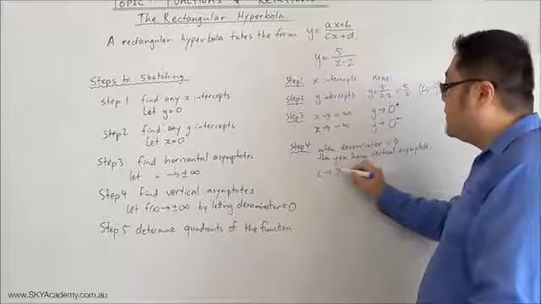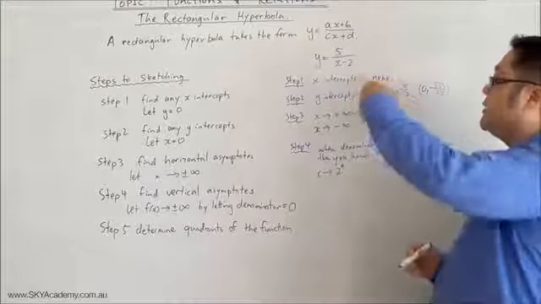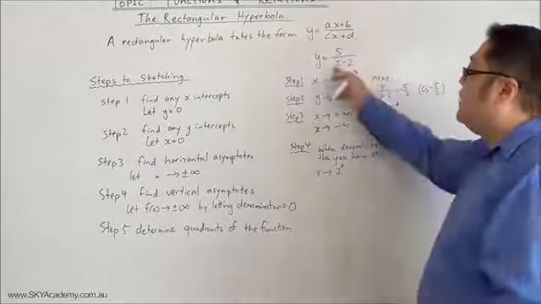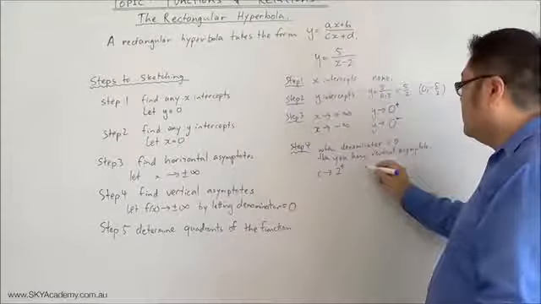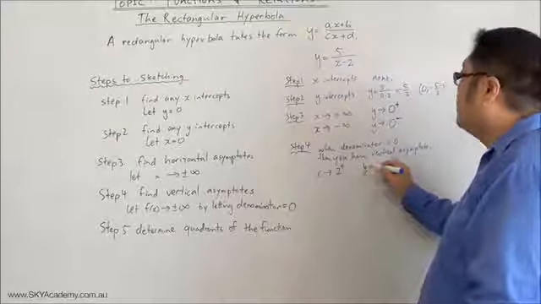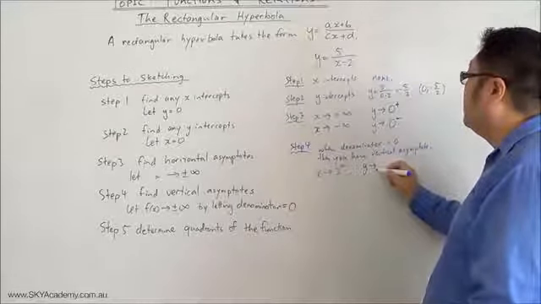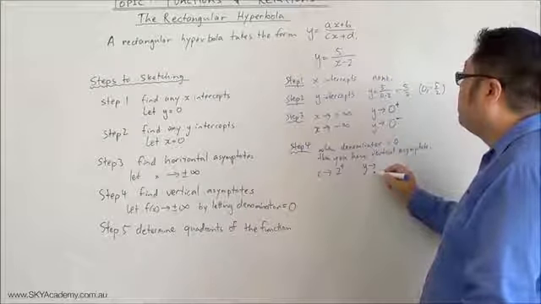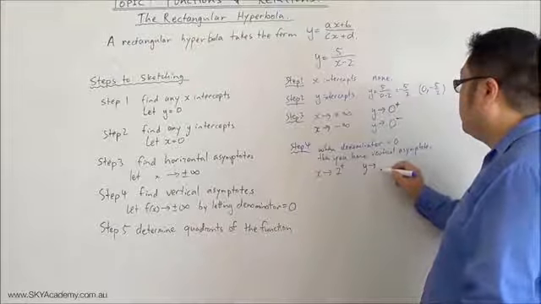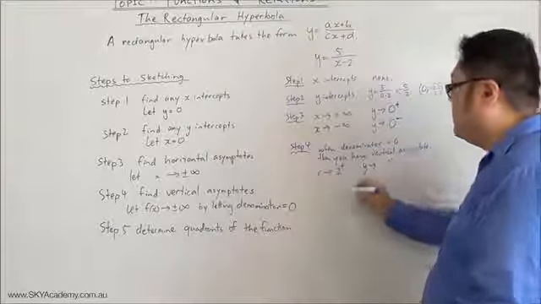When x approaches 2 from above, you've got a positive 5 over a positive number, so y approaches positive infinity.